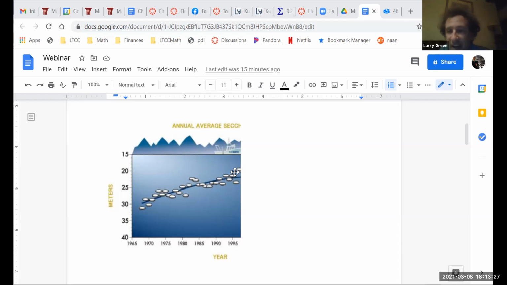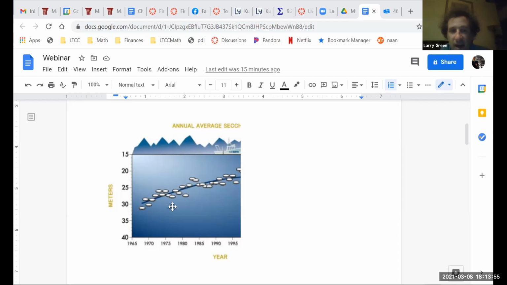It was one of the types of plots that you can do with data. You do a scatter plot when you have two quantitative variables. In this case, the two variables are date, the year, which is definitely quantitative, and the depth of clarity in meters.